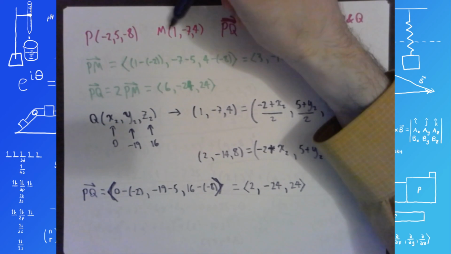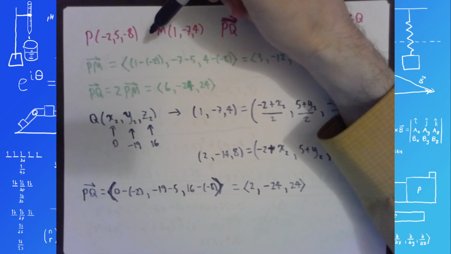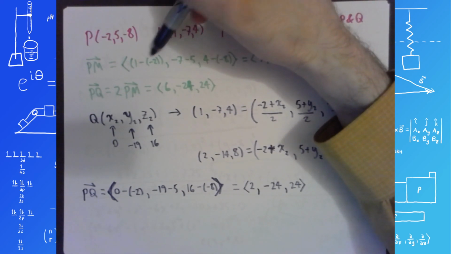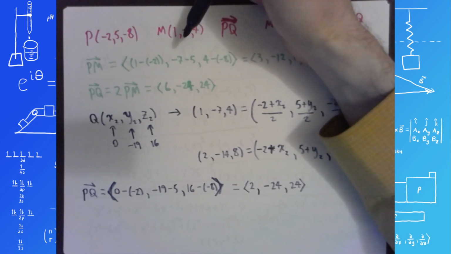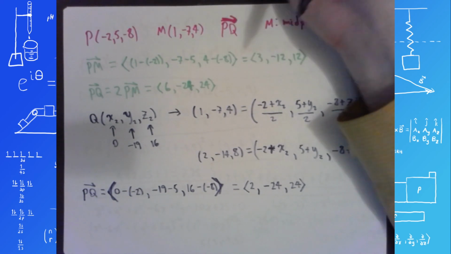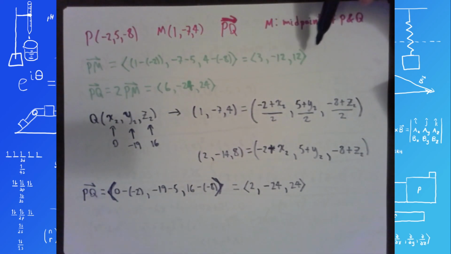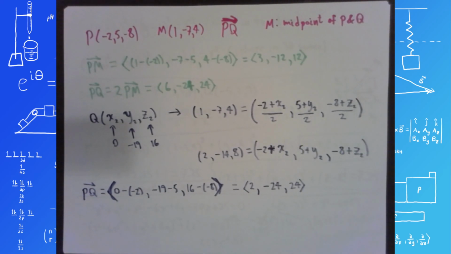Let's see. 1 minus negative 2 is indeed 3. Negative 7 minus 5, that is negative 12. And then 4 minus negative 8, that is indeed positive 12. 3, negative 12, 12. Okay, so the 3 is right. So what went wrong over here then? Let's see.